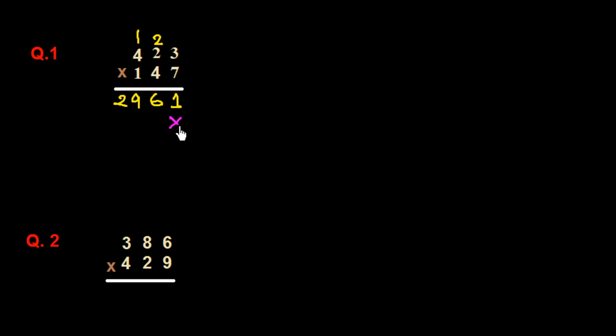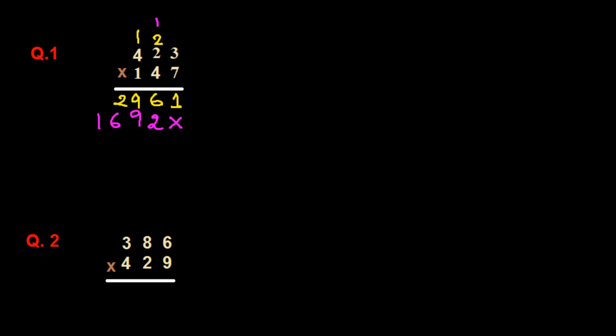Now we put one cross on the unit place of our result, and we multiply the number with the tens digit 4. So here we multiply 423 with 4. 4 3 times 12, 2, 1 carry. 4 2 times 8 plus 1, 9, we put down here. 4 4 times 16, we put down here.